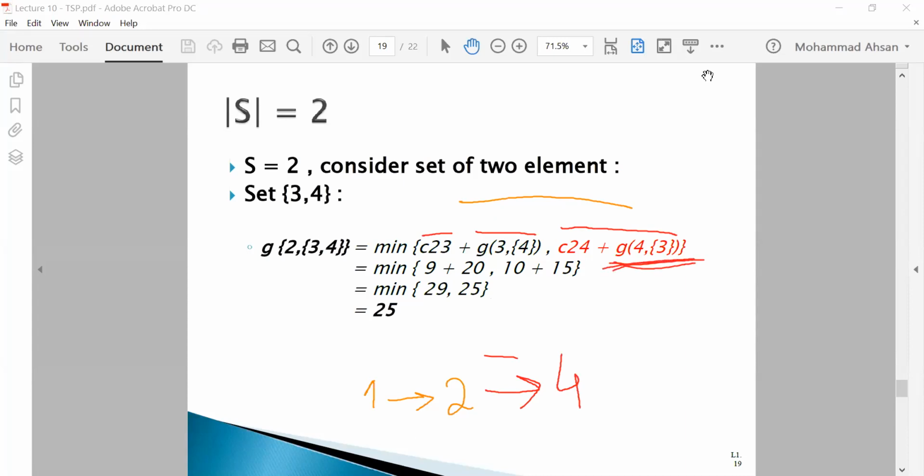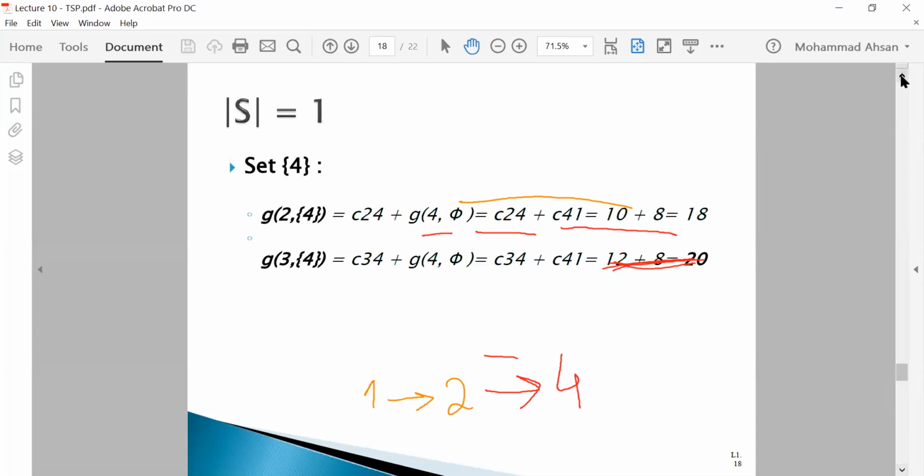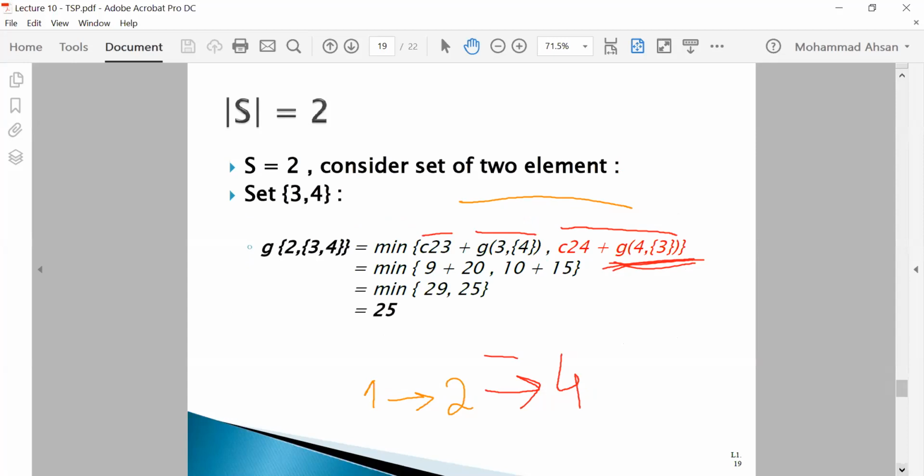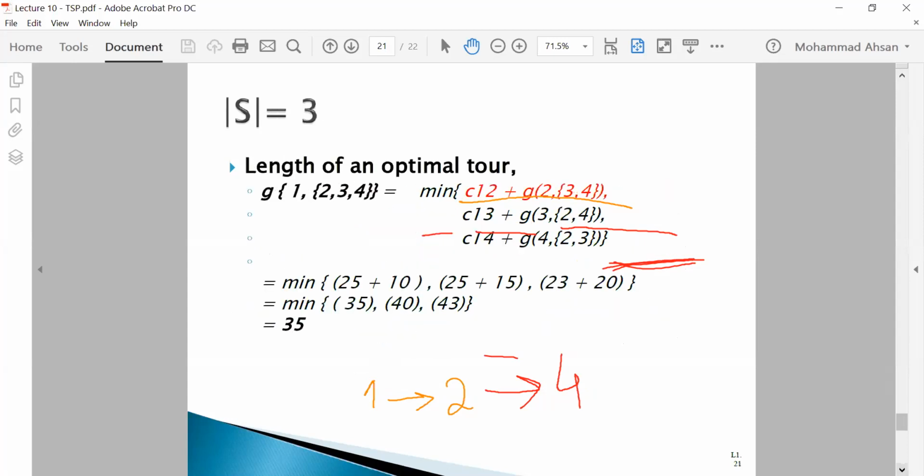So let's go back to our earlier problem and see where G of 4, 3 comes from. It is actually G of 4, 3 and then 3, 1. So let's go back here. So G of 4, 3 and then 3, 1.